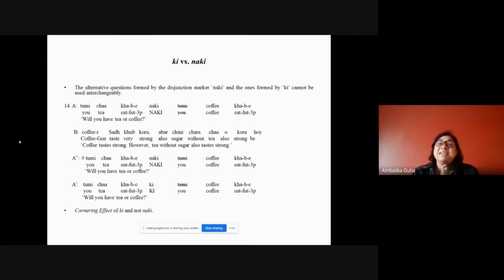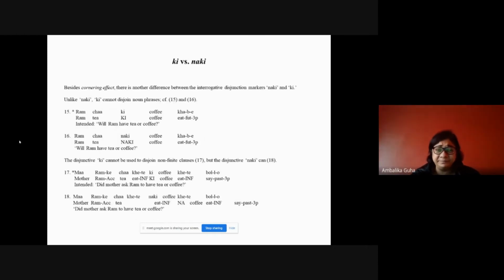Here the speaker is forcing the addressee to choose one of the alternatives, and the addressee cannot respond with some other response. And this is called the cornering effect of the particle ki. I'm sorry, I did not mention here, this term, cornering effect, was given by Biezma 2009 and Biezma and Rawlins in 2012.